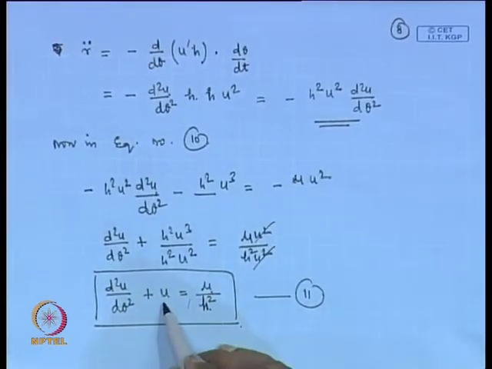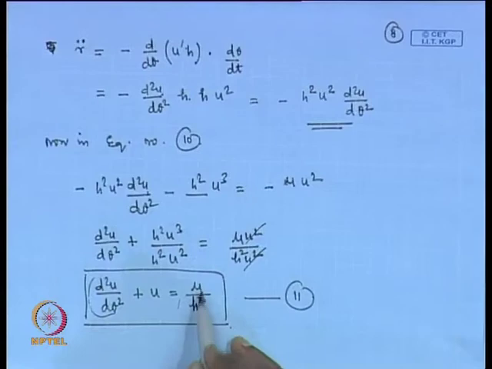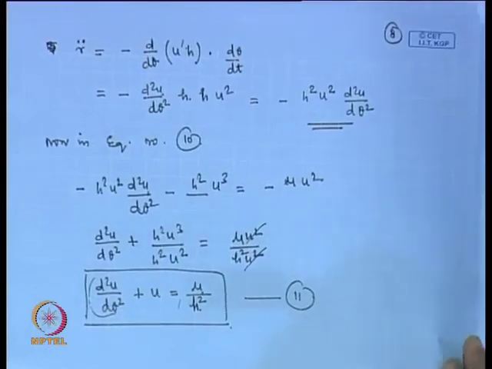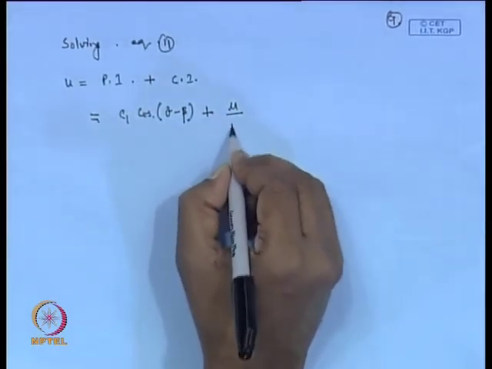If we put u is equal to mu by h square, because this term is a constant, this term will automatically become 0, and both sides will then become equal. Therefore, u is equal to mu by h square satisfies this equation, so the particular integral we can write as mu by h square.